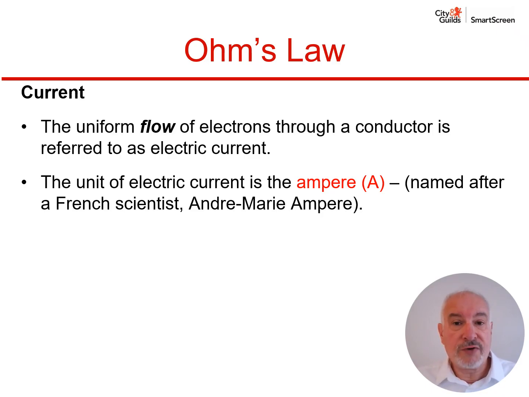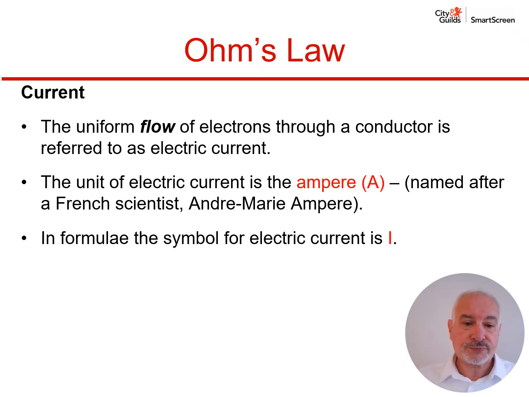And you will find that many of the terms we use in electrical science, many of the units, are named after scientists who either discovered the principle or carried out experiments on them in the early days. And so when we're writing a formula that includes current in it, we use the symbol I. So it gets a little bit more confusing now.